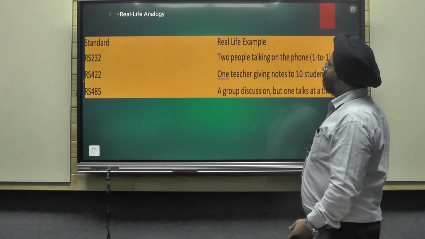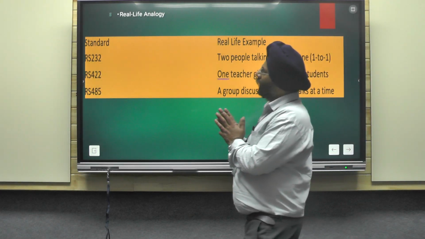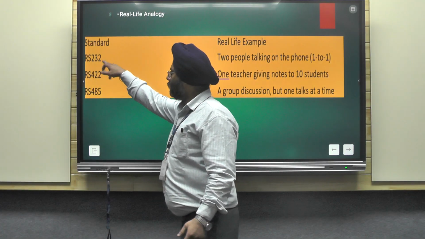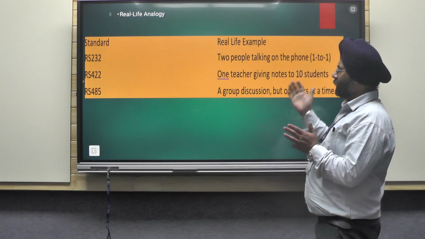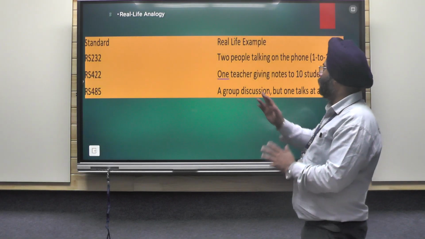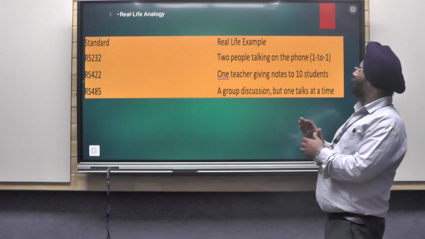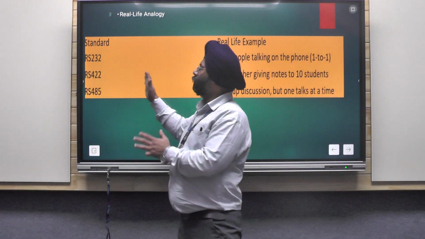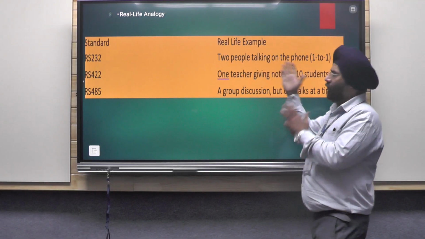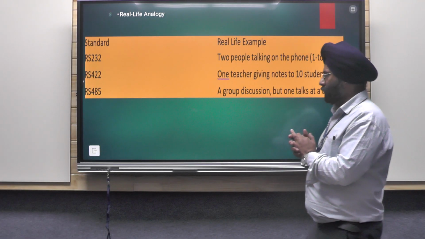In a real life analogy, RS232 means one sender, one receiver: two people talking on the phone, one to one. So RS232 resembles two persons talking to each other.